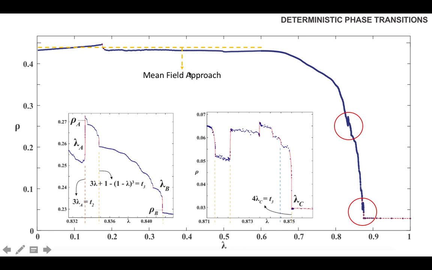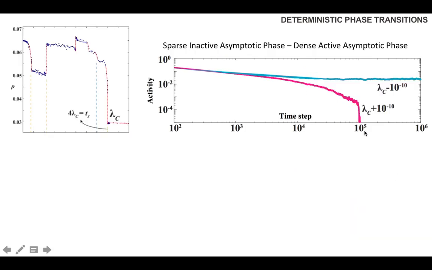The nice thing is that our mean field approach reproduces these values over here, the density when lambda is in this range. The reason why it works so well is because in this range of lambda the system is really mixed and interacting, so the mean field approach works well, but it fails over here. Now what happens here is really important.